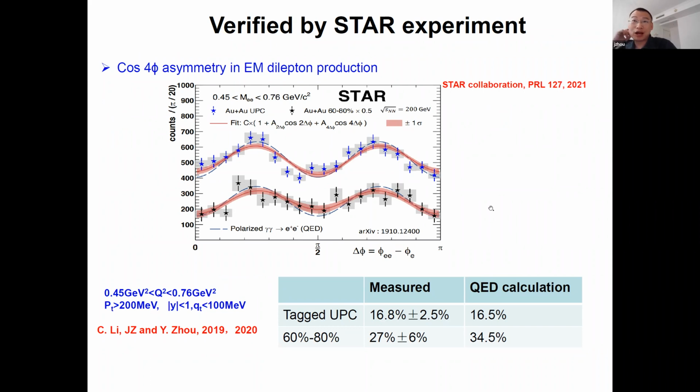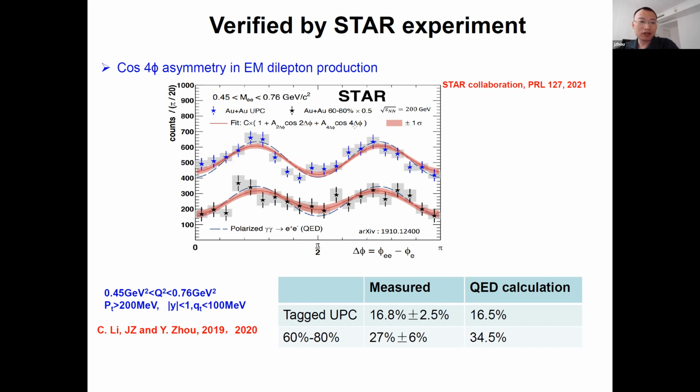Here phi is defined as the azimuthal angle between the individual electron's transverse momentum and the total transverse momentum of the lepton pair. That's how the delta phi is defined here.